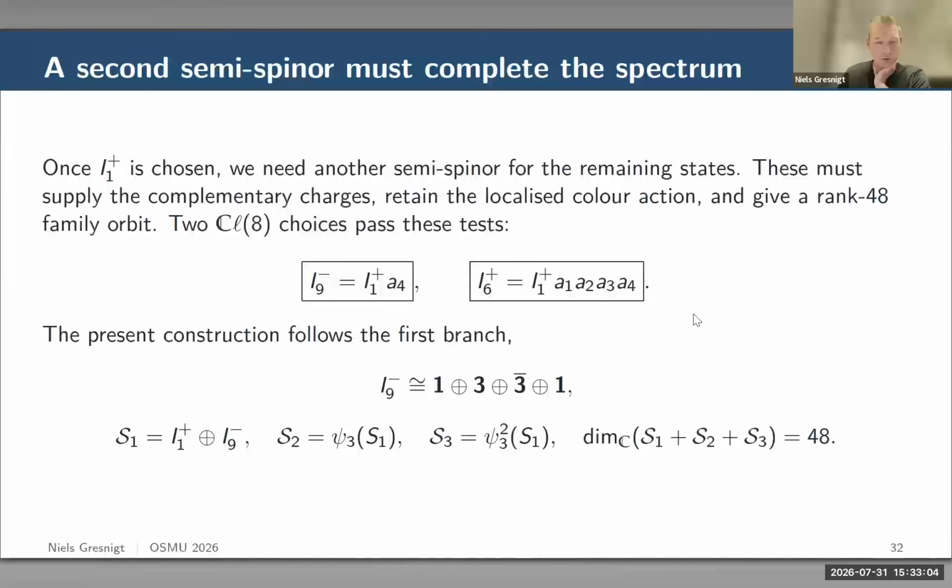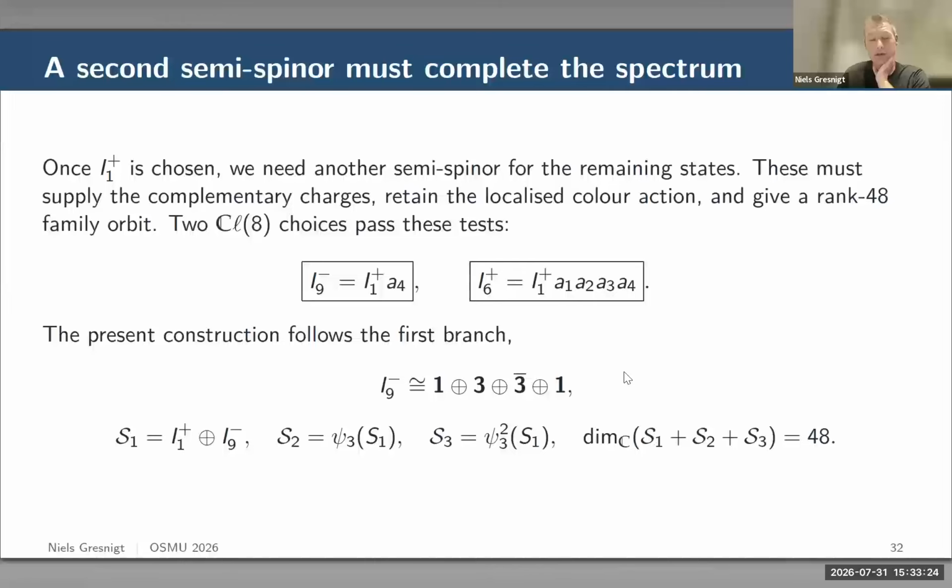I've chosen to use the first option. So I use the odd graded elements of the 9th minimal left ideal. And then they also transform as a triplet, anti-triplet, and two singlets.